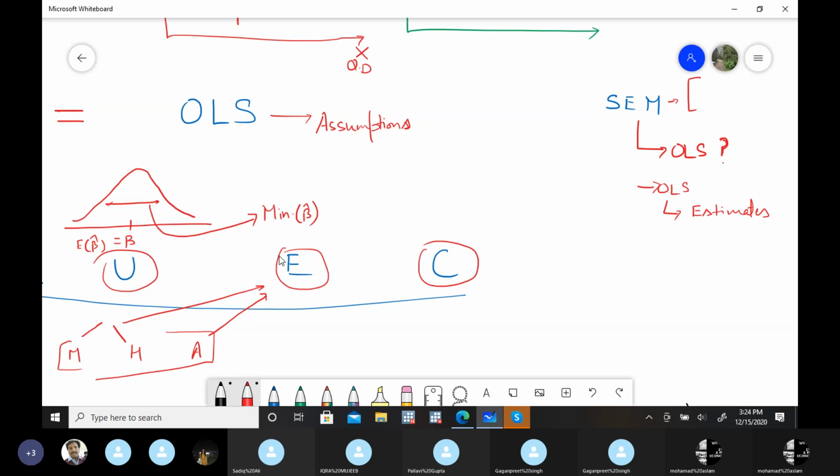But if not, then it means we can't directly apply the OLS. That's the first thing we have to think about: can we apply this OLS methodology or not? Second, if we can apply OLS or any other methodology, will we get all the estimates? These two problems we have to study in the simultaneous equation models.